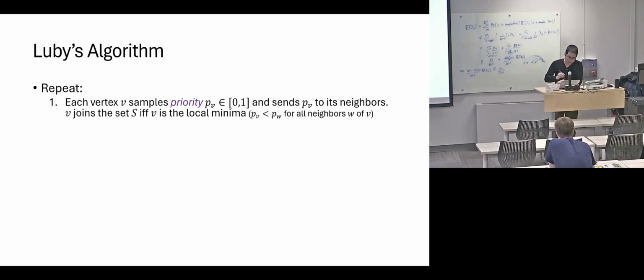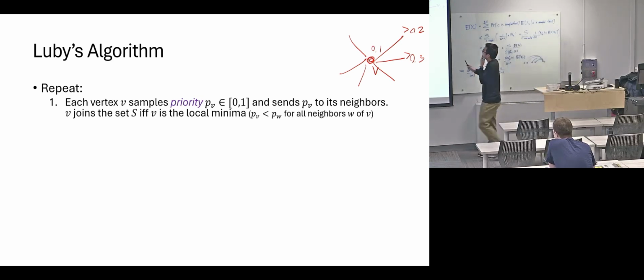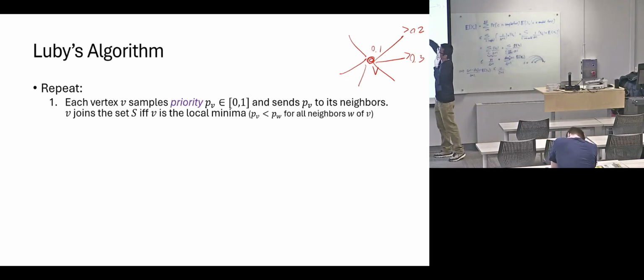So if V is here, and let's say its priority is 0.1, and all of these are more than 0.1, like 0.2, 0.3, and so on, then you put V into your set.